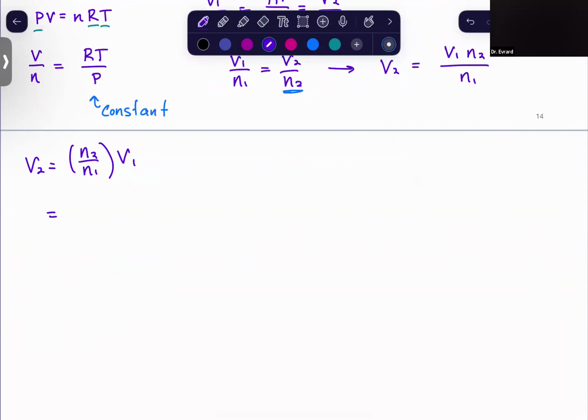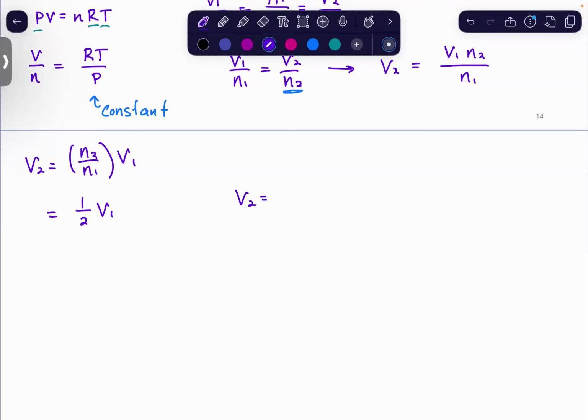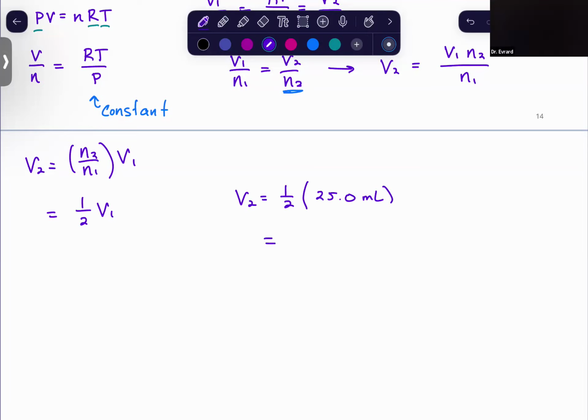So this is going to be 1 over 2 V1. So our V2 is just 1/2 V1. And so then from here, we can say V2 is 1/2 of 25.0 milliliters, which means that V2 is going to be 12.5 milliliters.